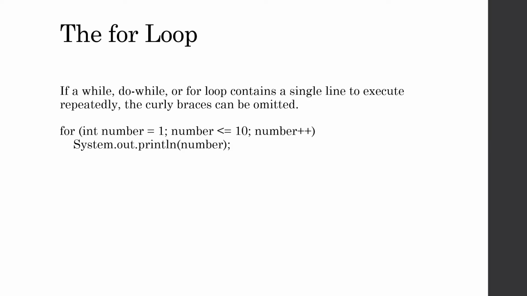Again, just like I mentioned with if, else if, and else statements, if you choose to omit the curly braces, remember that this is both a blessing and a curse. It does make your code a little bit shorter and a little bit more concise, but it can run you into some traps where you might think that by having multiple lines underneath your for loop, all of those lines will execute over and over again. But because you forgot the curly braces, that's not necessarily going to be the case.